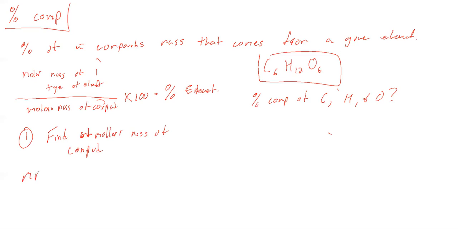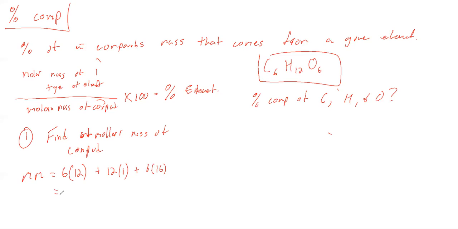In this case, I'm just going to write MM is going to be equal to 6 times the molar mass of carbon, which is 12 because there are 6 carbons, plus 12 times the molar mass of hydrogen, which in this case is 1. We're going to simplify it a bit. There are 12 hydrogens, and then plus 6 times the molar mass of oxygen, which is 16.